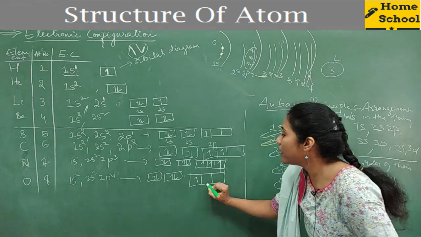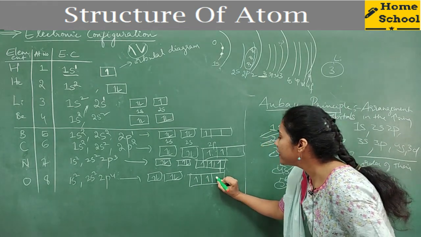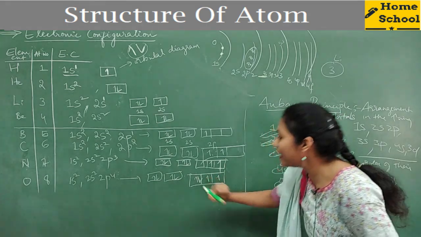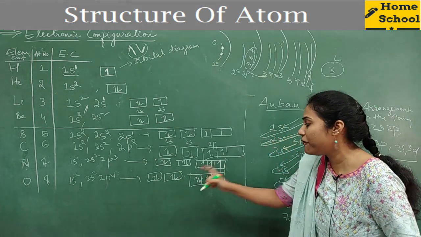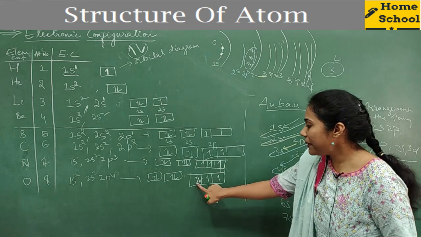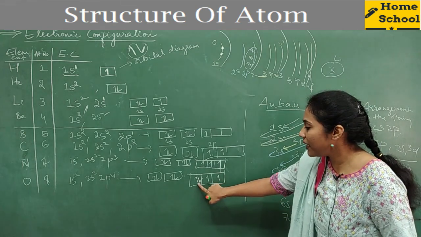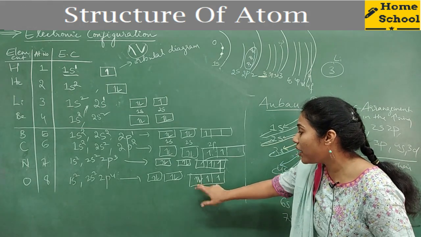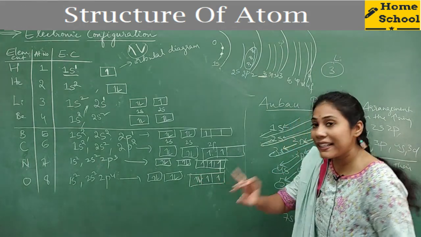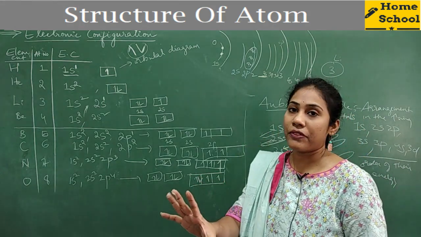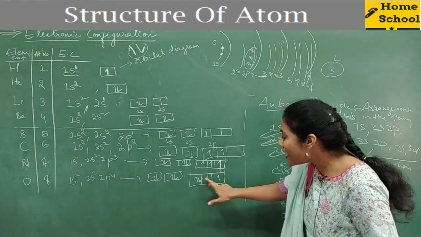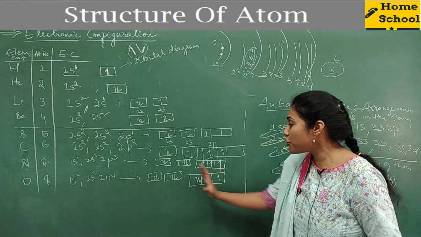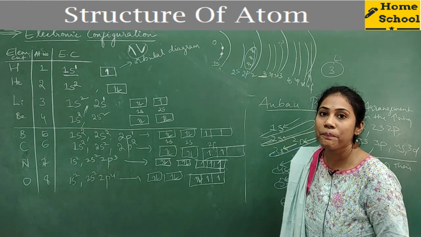The first electron here, second electron here, third electron here, and the 4th electron must pair up with the first electron. Each orbital can have 2 electrons, so you can put 1 more electron in this box. But you put that 4th electron only once each orbital has one electron, then you should show the pairing up.